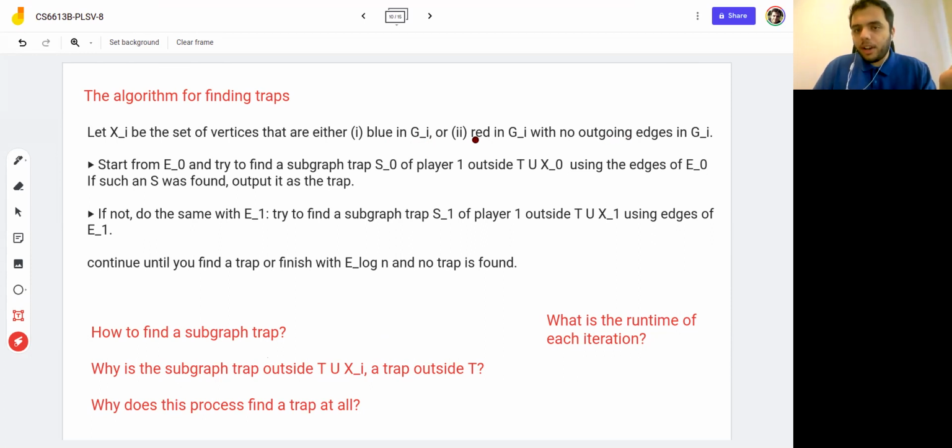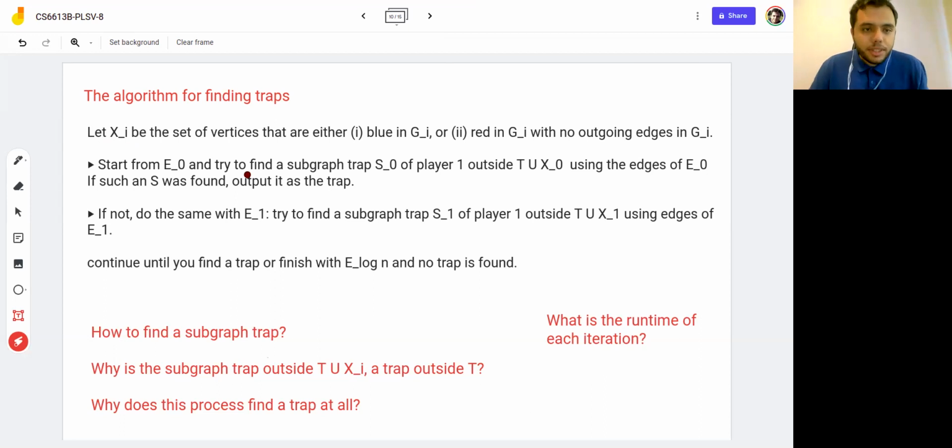So this is a high degree vertex belonging to player 2, but it has no outgoing edge, right? And then, instead of finding an attractor of T, I find an attractor of T union with this set Xi.